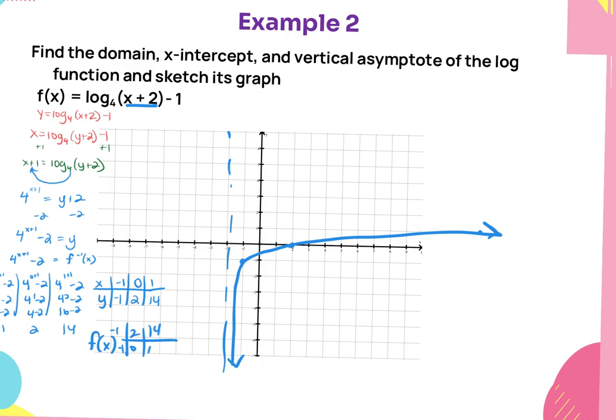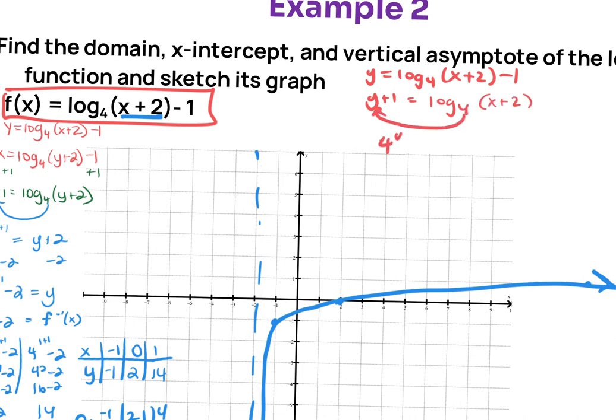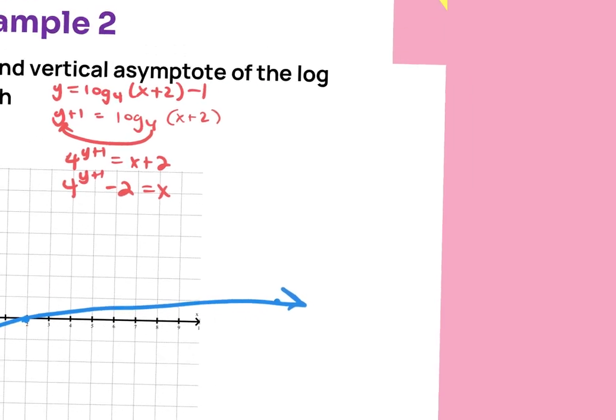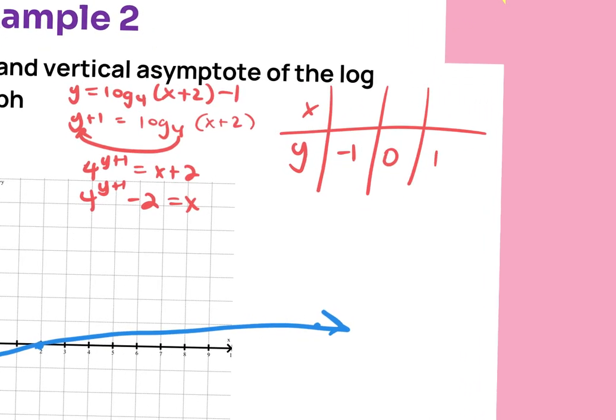The second method: you put the original into exponential form and you plug in for the y. So I take y equals log base 4 of x plus 2 minus 1. I move the 1, let the 4 pick up the exponent, and subtract the 2. Now it would be weird to plug in for the x, so hopefully you remember I have to plug in for the y this time, because I'd be guess-checking the x.